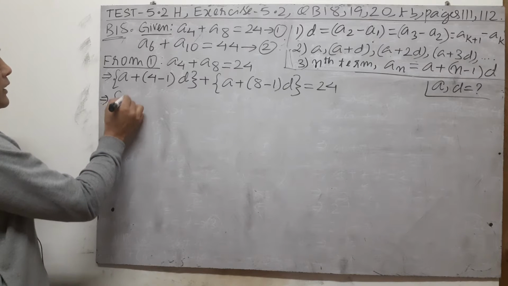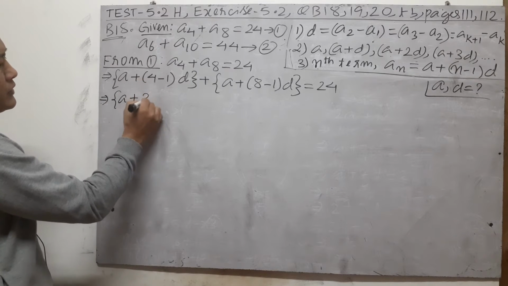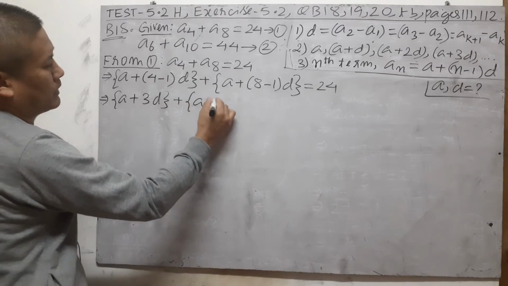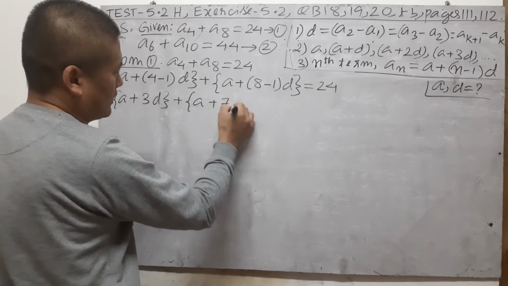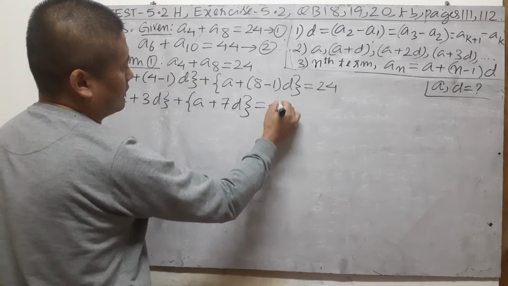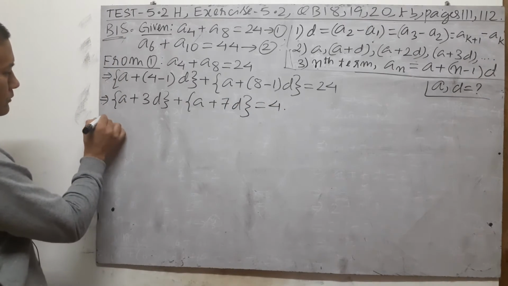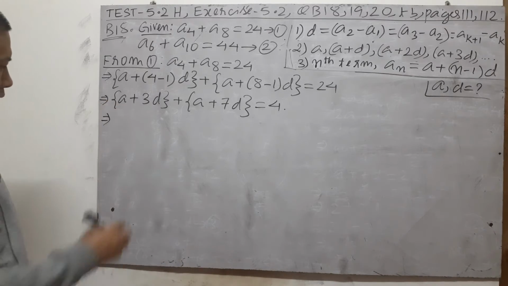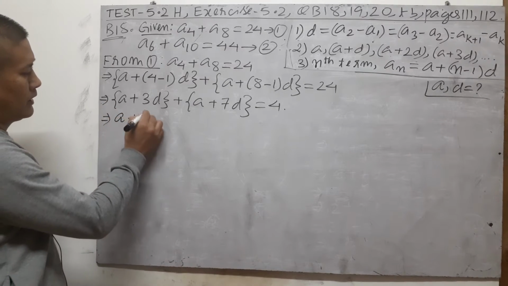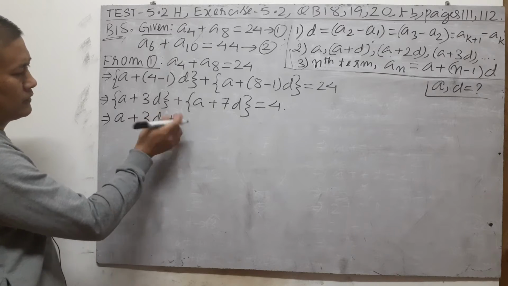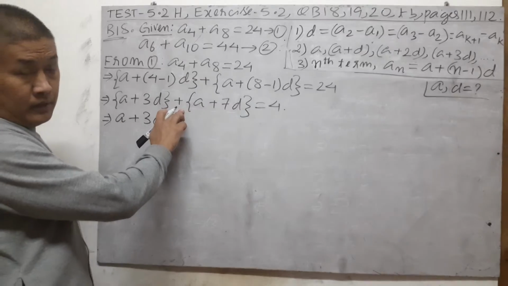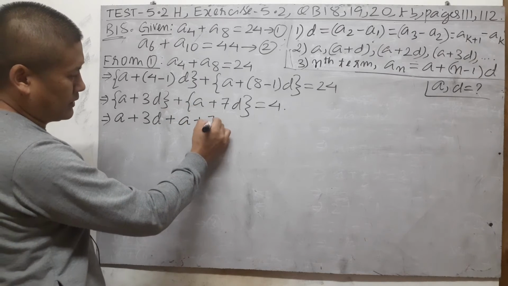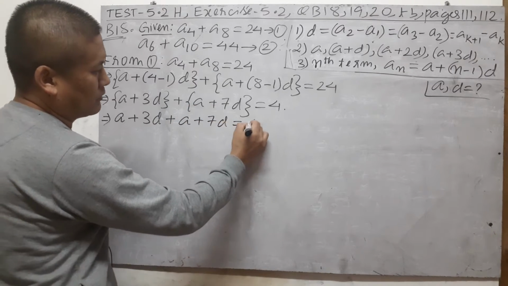So that gives you here A plus 4 minus 1 is 3D, plus here A plus 8 minus 1 is 7, so 7D, is equal to 24. So if we remove these brackets, there is a plus sign outside, so inside will be the same thing, A plus 3D even after removing the bracket. Likewise here plus outside, so inside will remain the same, plus A and plus 7D after removal of bracket also.